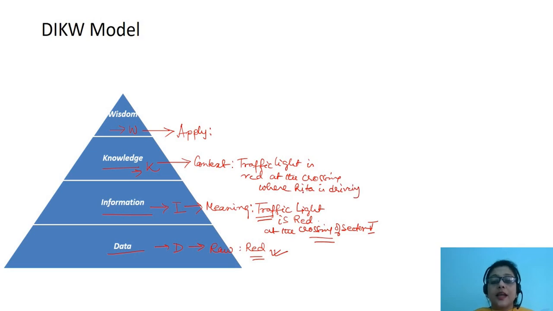So we can understand that Rita is a person who is driving and she is at a crossing where the traffic light has turned red. Now, she is driving, so what to do? How to apply it? Now we go to wisdom. We are using our knowledge, that is our thinking ability or intellectual ability, to understand what to do. So it is applying for the work or the task that we have to do.